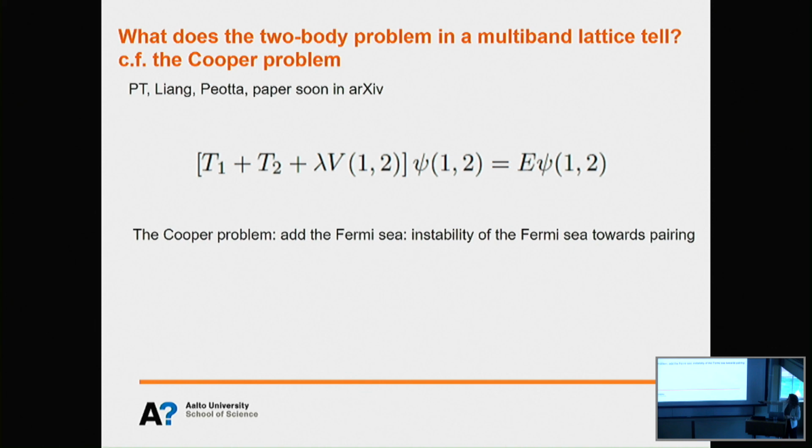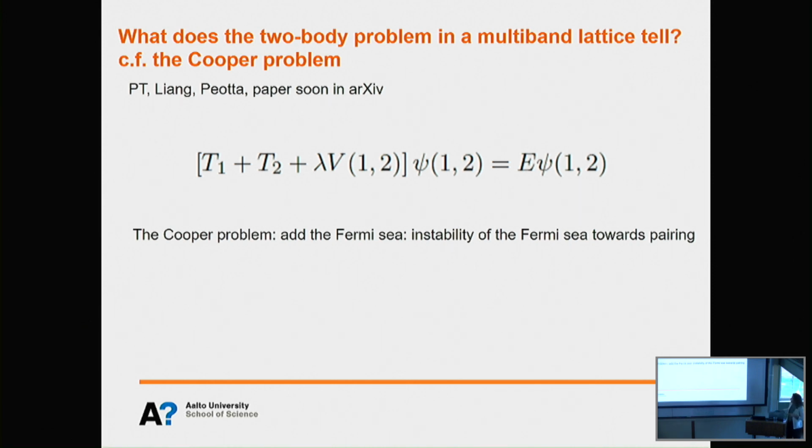As a reminder, there you just look at two particles and add the Fermi sea, which prevents scattering. And from that calculation, you actually get pretty much the basic features of BCS type of pairing, not quantitatively but qualitatively. But you have to add the Fermi sea. If you just solve the two-body problem in a dispersive band, it has nothing to do with superconductivity. You won't have a bound state.